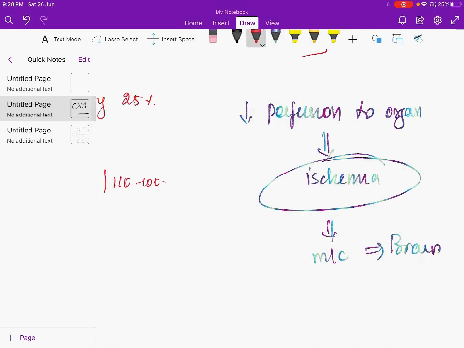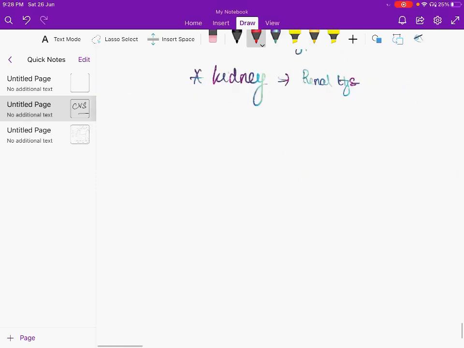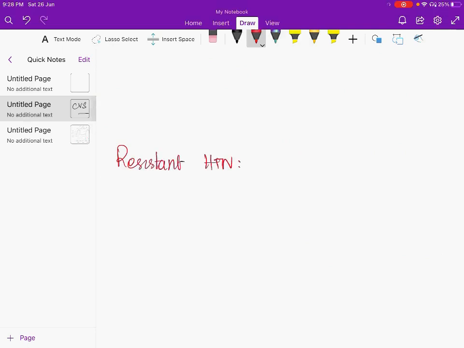So final point. Resistant hypertension. What is resistant hypertension? Any idea?